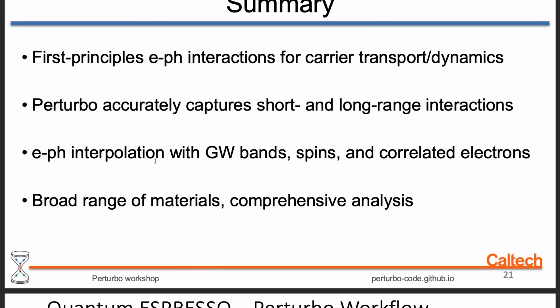And then I've also shown some beyond normal DFT extensions, such as correcting the electronic structure with GW, treating spin polarized or spin orbit coupled systems and correlated systems. And so this, in totality, creates a good toolkit to apply to different ranges of materials and do a comprehensive analysis of the electron-phonon interactions.